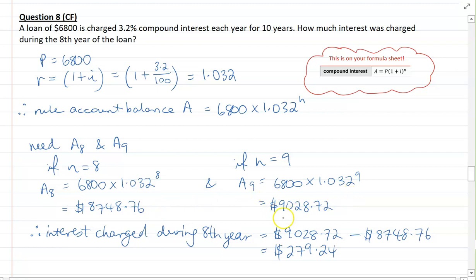After the 9th year, a balance of $9,028.72. So if I look at the difference between those two values, that means that the interest that was charged on that loan during the 8th year was $279.24.